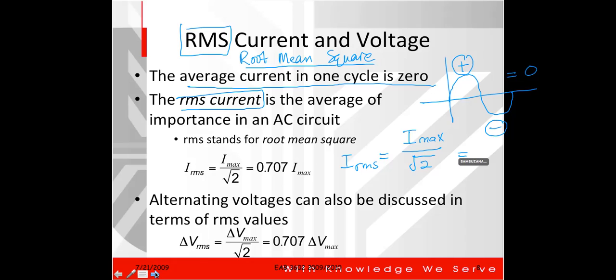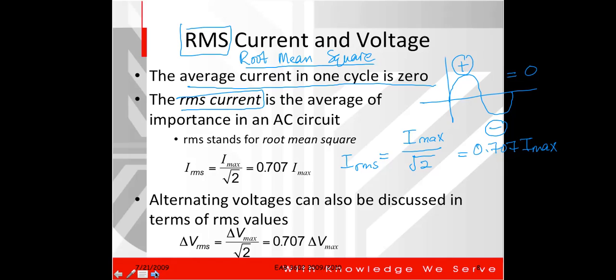Or 1 over square root of 2 is actually 0.707 I max. It's about 70% of the total magnitude of the current. That's how you calculate the average current di dalam AC punya circuit.